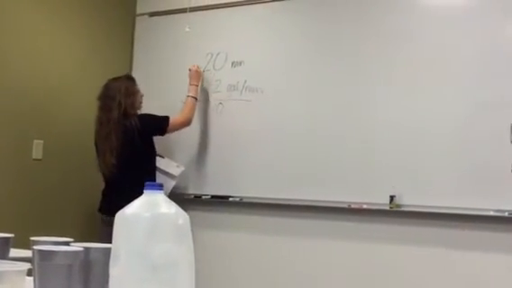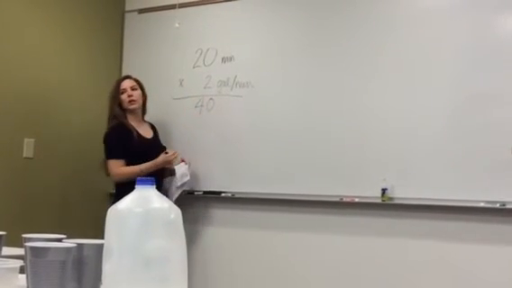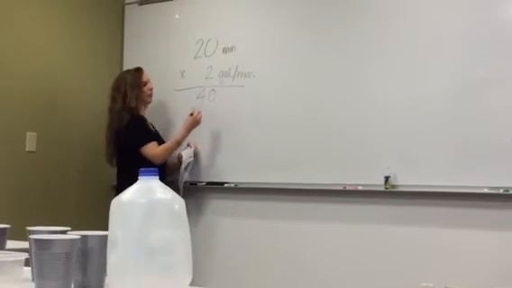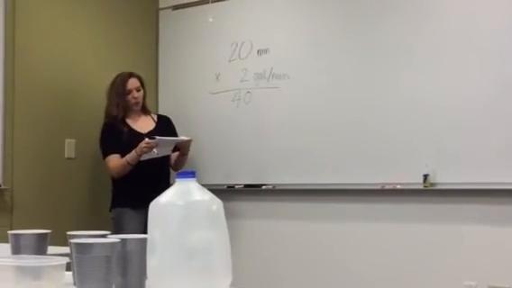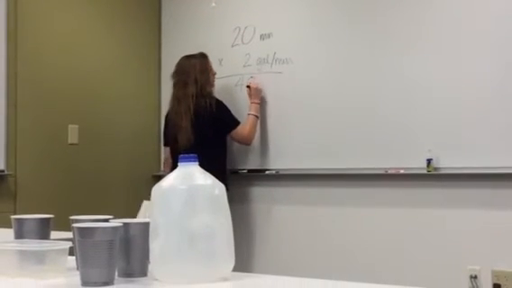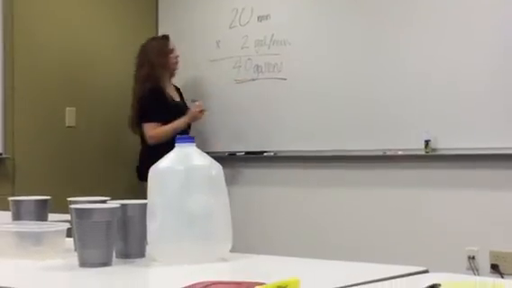And then 2 times 2 is 4. So that means 40. What would we label it? It would just be 40 gallons in total, how many he used for that 20 minutes. Good job.